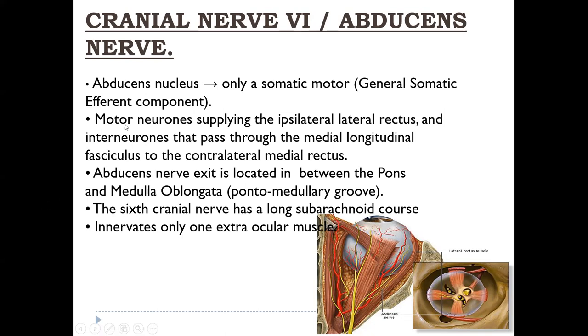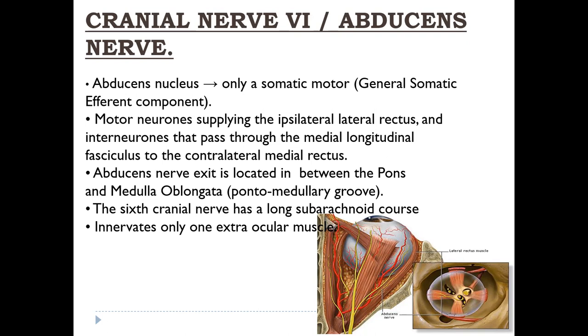So now cranial nerve number 6 is again another cranial nerve which supplies only one muscle, and in this case it is the lateral rectus, again another extraocular muscle. So we can see here that among the extraocular muscles, two are supplied by cranial nerves singularly.